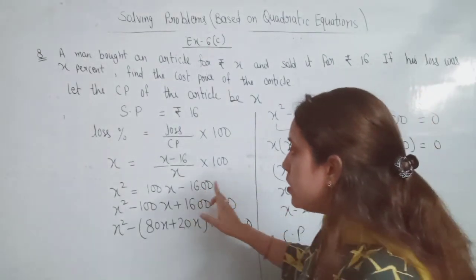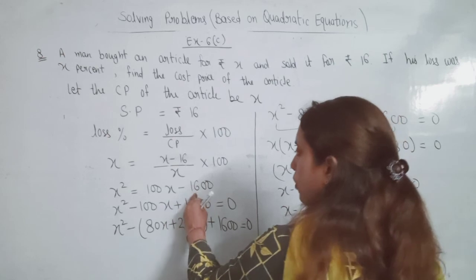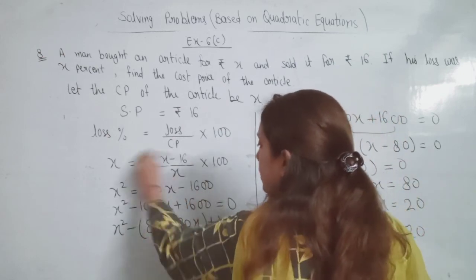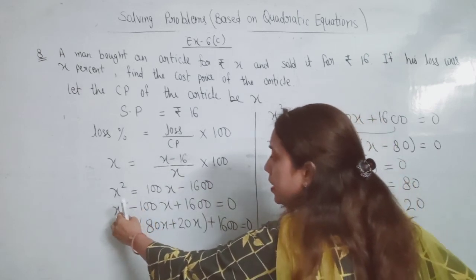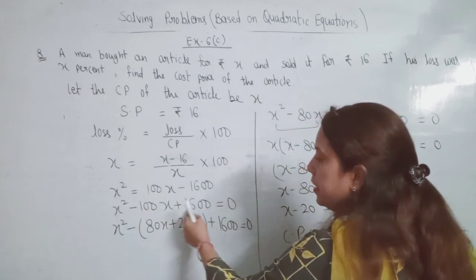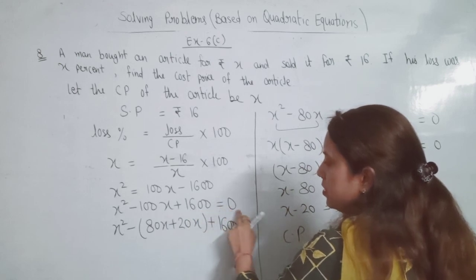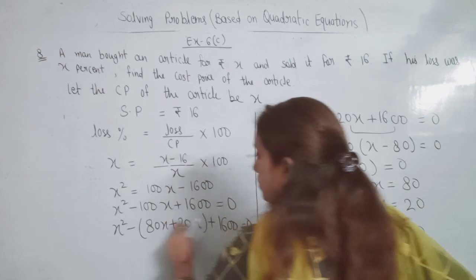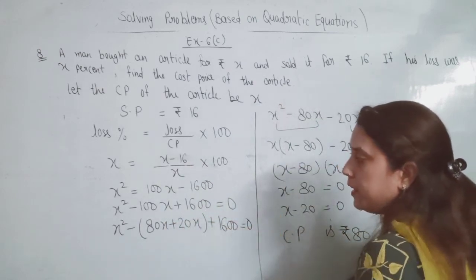Now send all the 100x and minus 1600 to the left hand side. So it will be x square minus 100x plus 1600 is equal to 0. After that, here I am using the middle term splitting method.